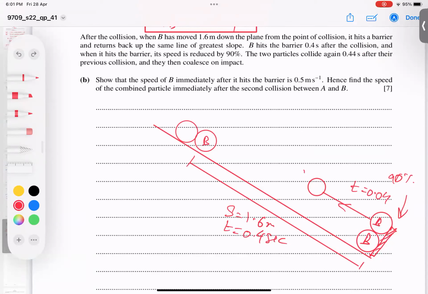It means A and B will hit again here, so a second collision comes. The time is clearly mentioned, and they will coalesce, meaning together they will move. Show that B immediately hits the barrier. What I need to find is part 5.